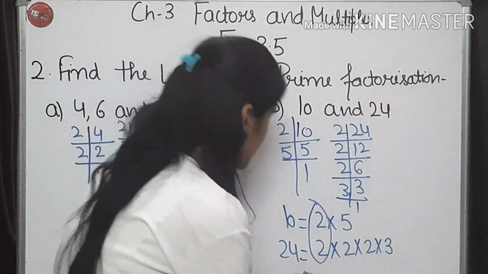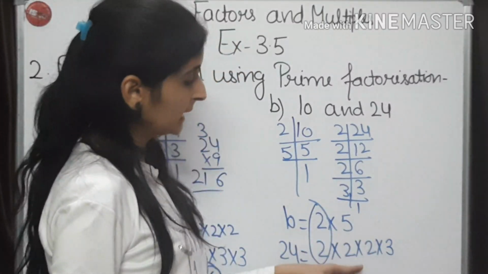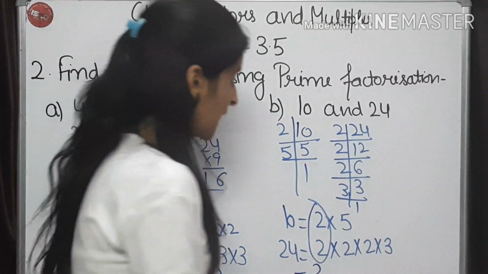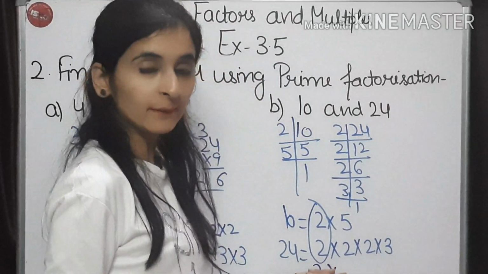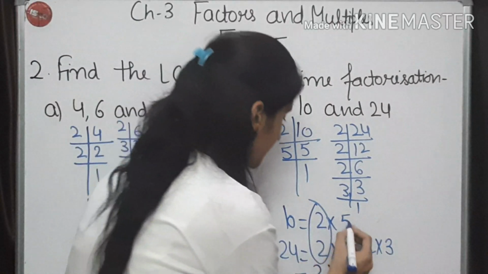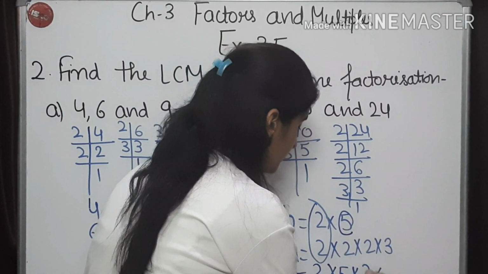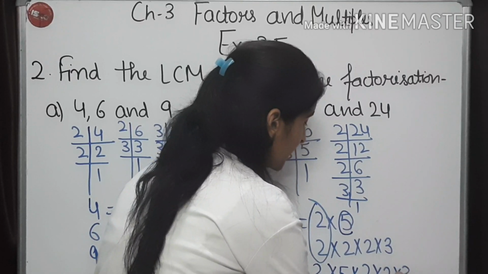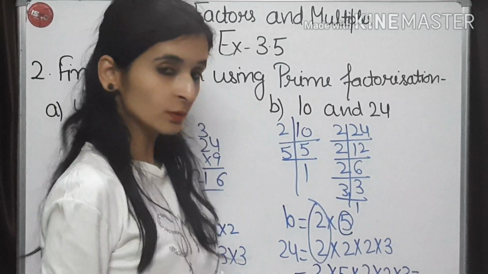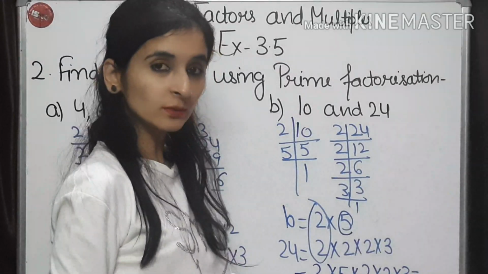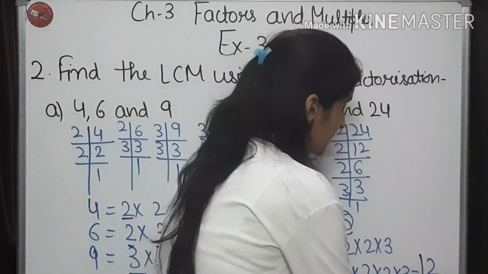Okay, so this we will write once. Fine, and then we will multiply this common prime factor by the remaining prime factors, and the remaining prime factors are 5 multiplied by 2 multiplied by 2 multiplied by 3. 2 5s are 10, 10 2s are 20, 20 2s are 40 and 40 3s are 120.